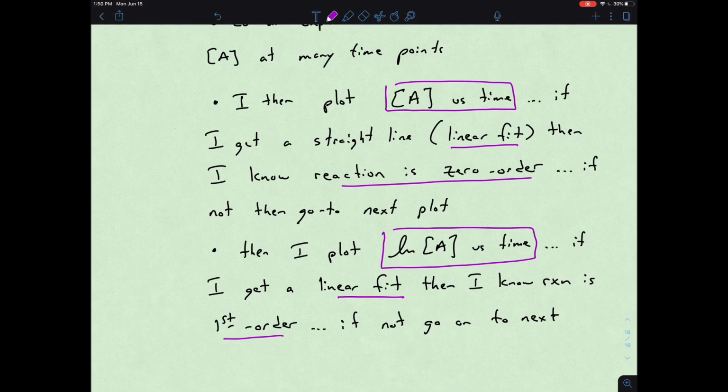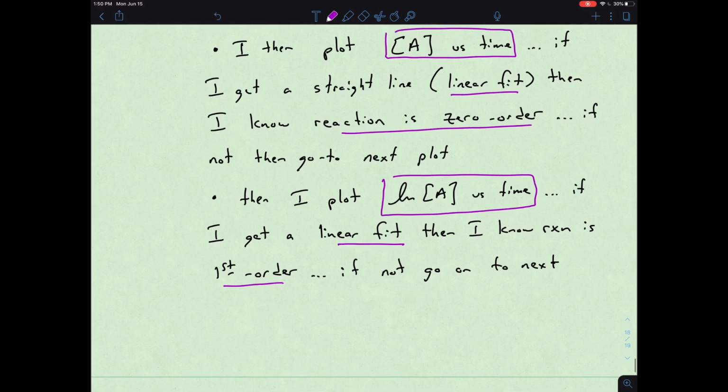And if we just get the straight line, then we can immediately say, oh, it has to be zero, or oh, it has to be first order.